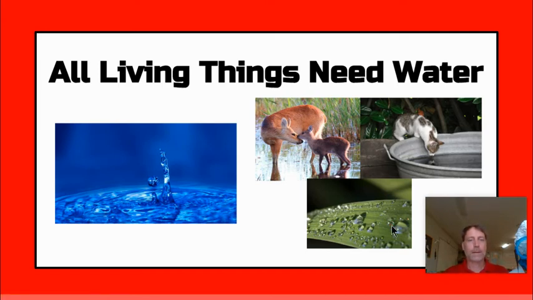The idea here is that all living things are going to require water, and water helps not only chemical reactions to happen, but biological processes to happen. I would call those biochemistry. The biochemistry of all living things is dependent upon water for support. So all living things need water.